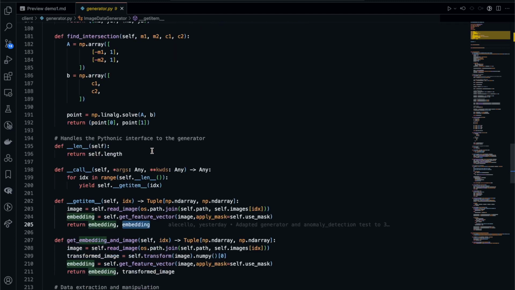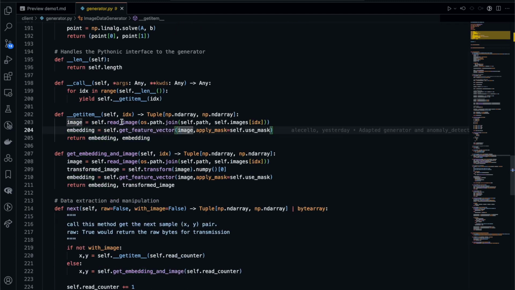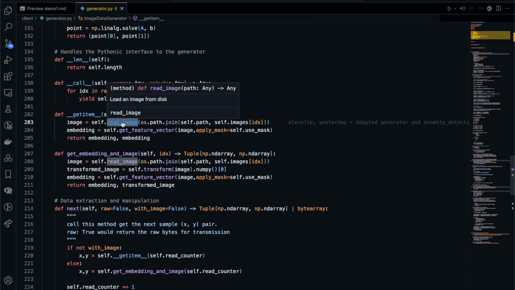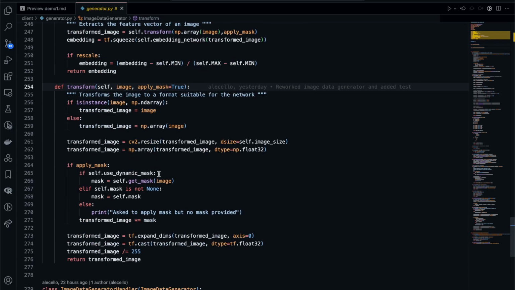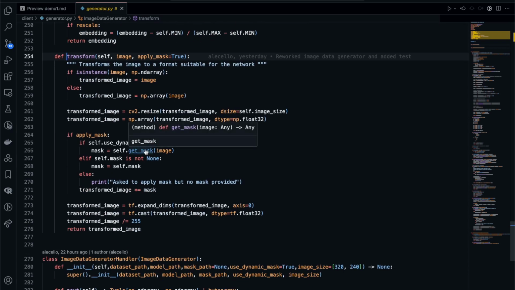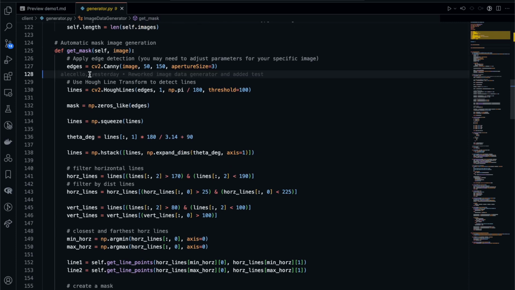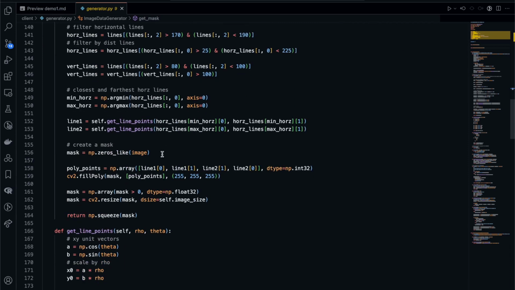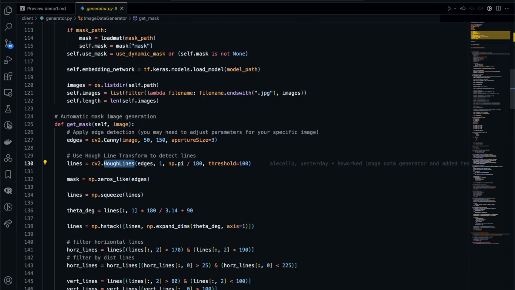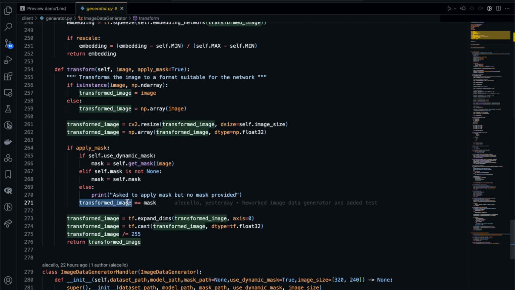So we would read a specific image from our dataset, obtain the feature vector by first transforming it, we do an edge detection and then perform the Hough transforms to get the orientation of the lines, solve the intersection, and build a mask, which would then be used to mask our original image.